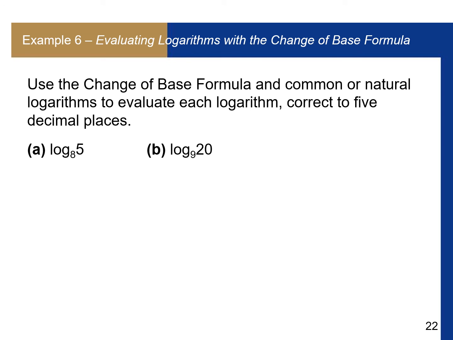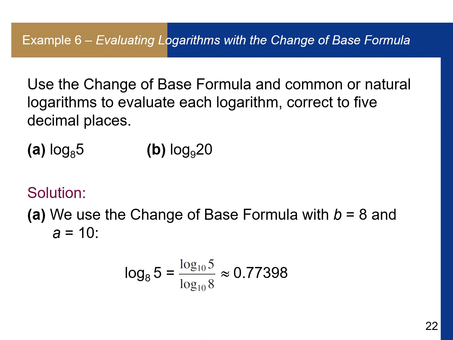So let's look at this. Use the change of base formula and common or natural logarithms to evaluate each logarithm to 5 decimal places. We want to use the change of base formula with b equal to 8 and a equal to 10. Because if we have the common log, then we can put that in our calculator.